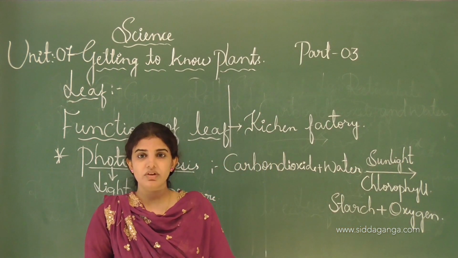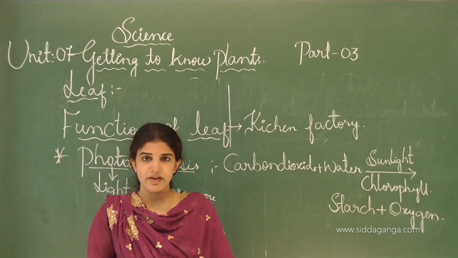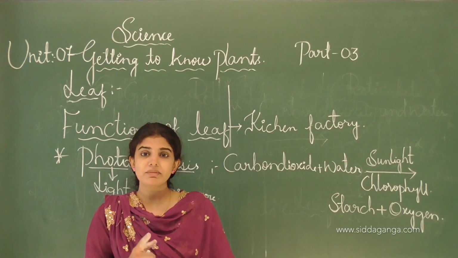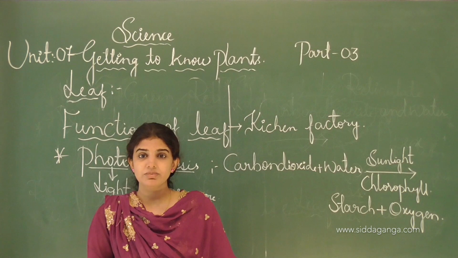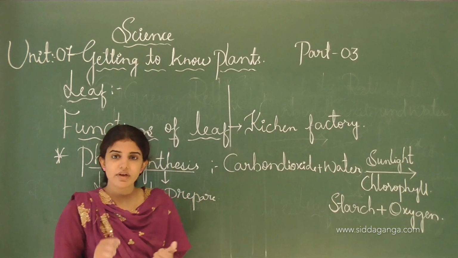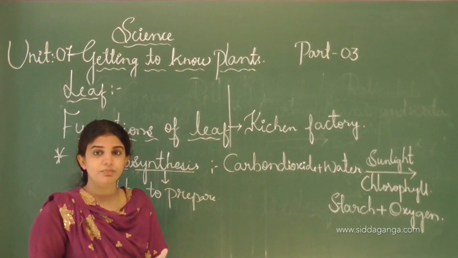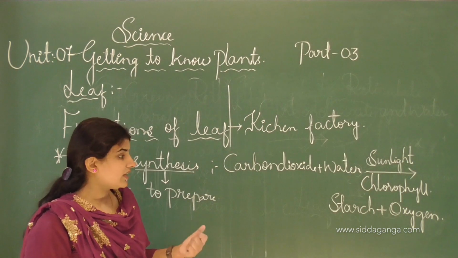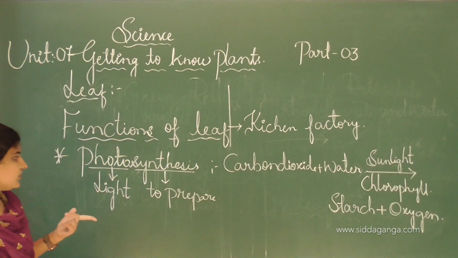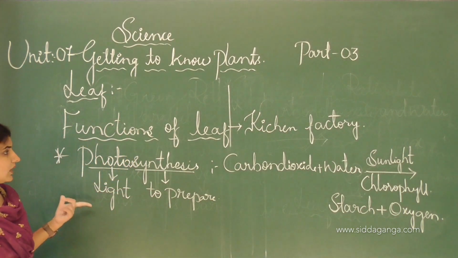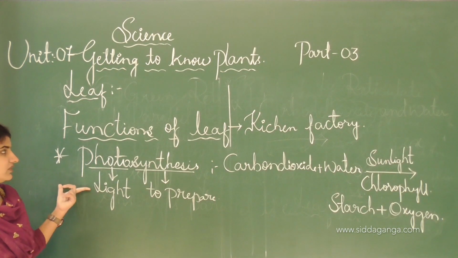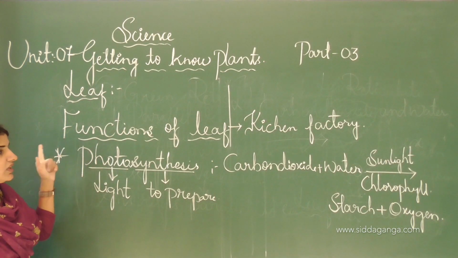Microorganisms are those organisms which we can't see with our naked eyes, for example, bacteria and various types of fungi. Bacteria we can't see with our naked eyes, only through instruments like a microscope. This is the definition of photosynthesis, and it is one of the functions of the leaf.